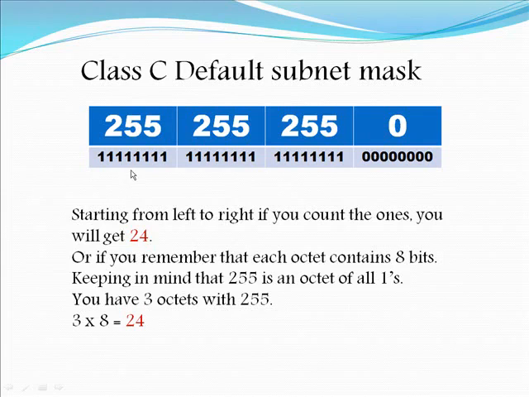So you just say this is 8, this is 8, which is 16, this is 8, which is 24. This is 0, so it's still 24. That's where you get your 24 in the slash IP configuration I was showing you earlier. Keeping in mind that 255 is an octet of all ones, or 8 ones, so 3 times 8 is 24.